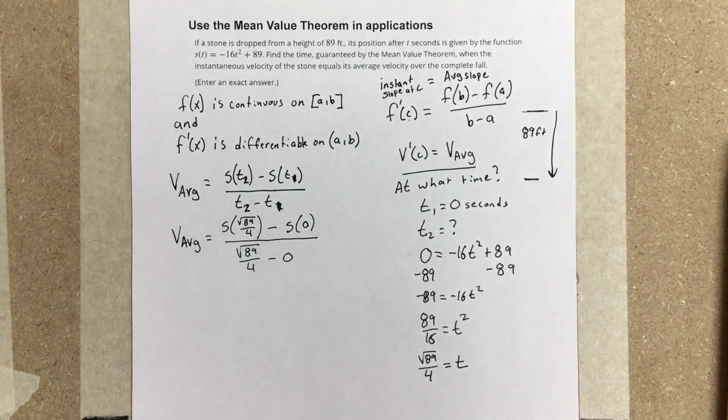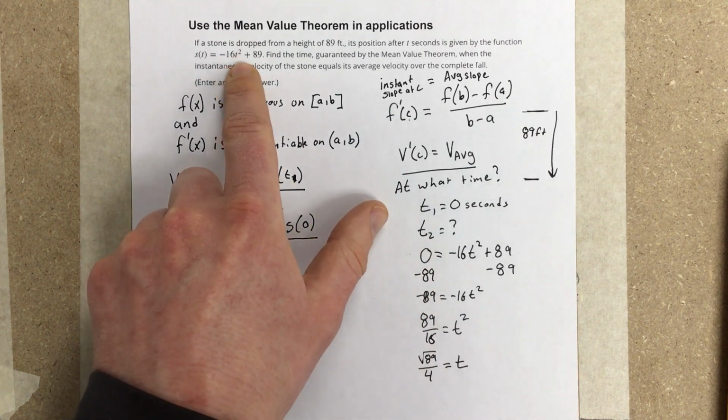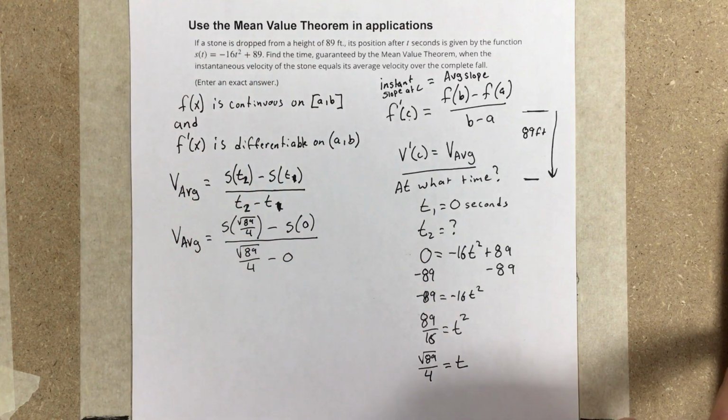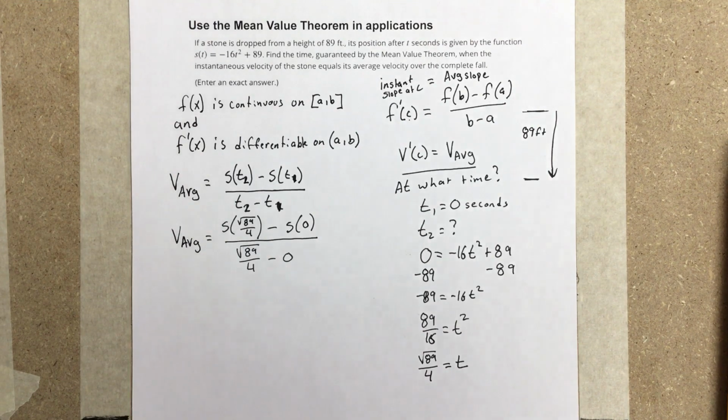So I get negative 16. I'm going to take this equation, put it in the calculator, then I'm going to put this number in. So we're going to say root 89 over 4, and we get 0.